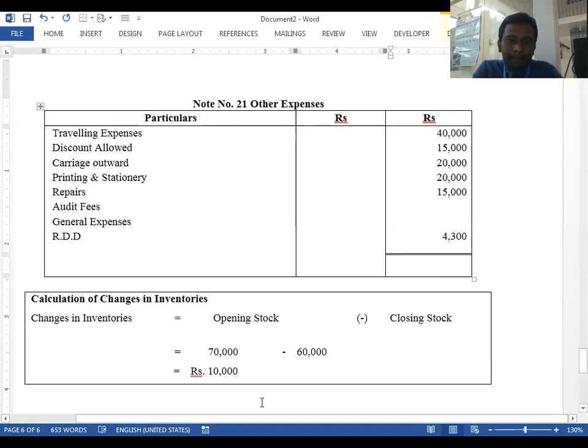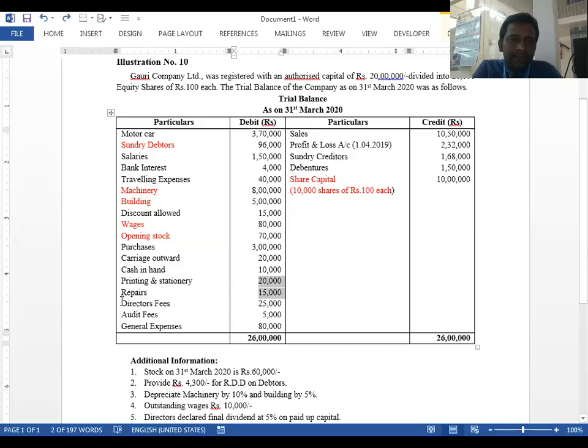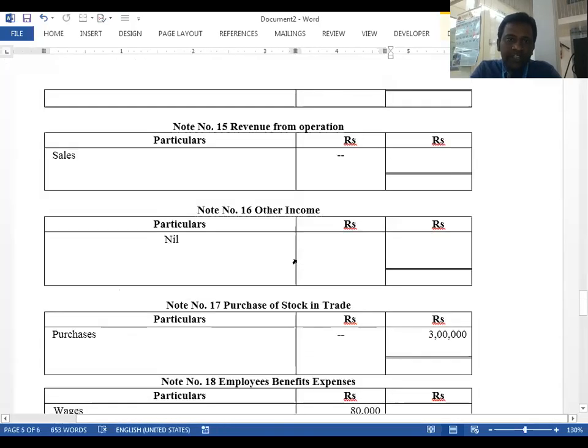Many times such an item is also transferred to other expenditure, but we treat it as employee benefit expenses.